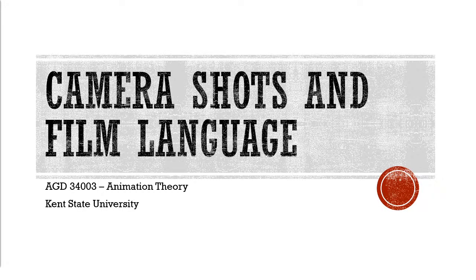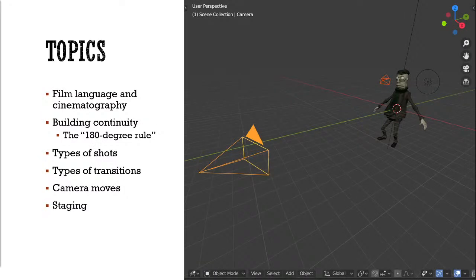So, hello. Today, what we are going to talk about is camera shots and film language. And the reason that I wanted to talk about this today, even though it's something that could have certainly helped with storyboarding, I want to revisit it since, if you recall, your final project is an animatic.